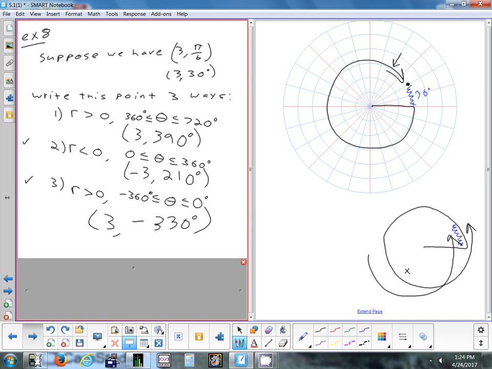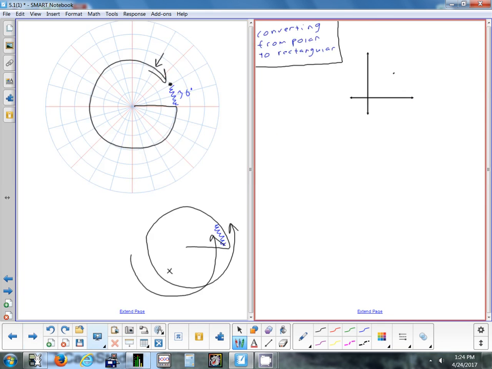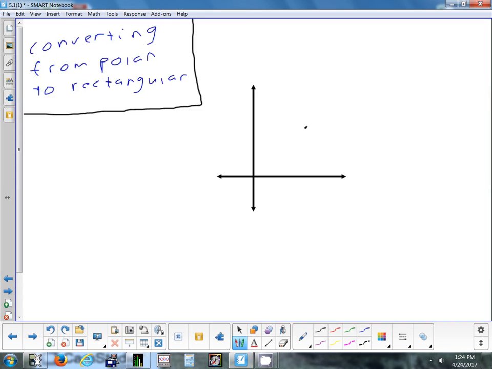So the last two things in this section are converting between polar and rectangular, each way. Today we're just going to do it one way: polar to rectangular. If they give you a point in polar, what are the two letters they're giving you?